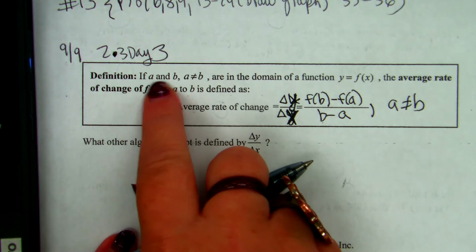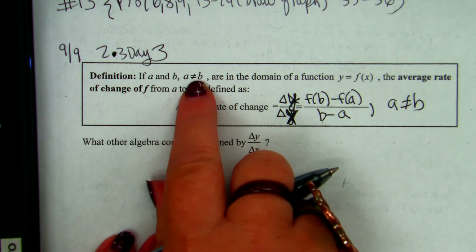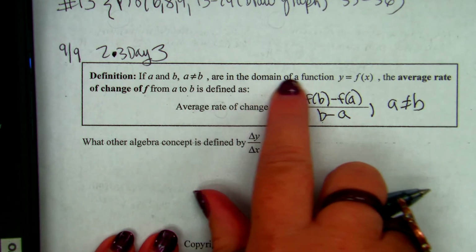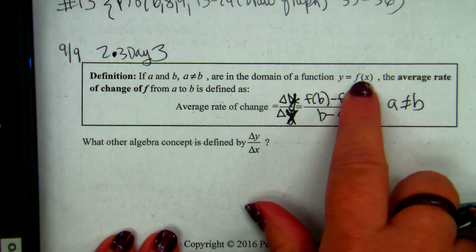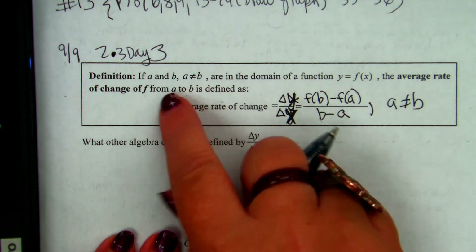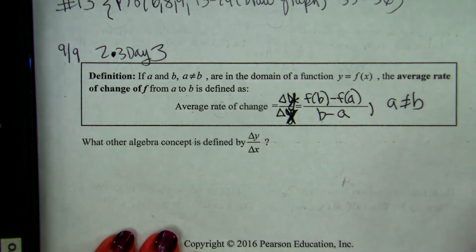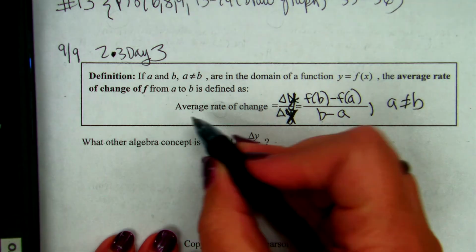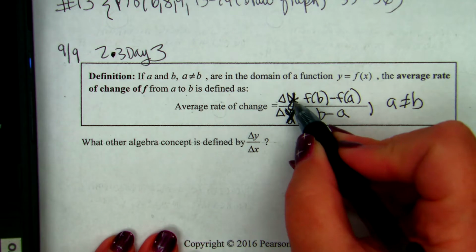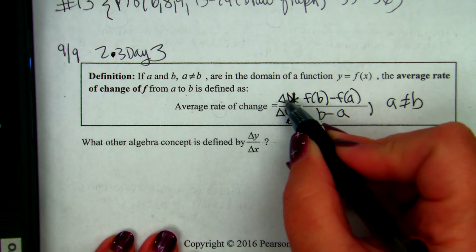Definition: if a and b, and a is not equal to b, are in the domain of the function y equals f of x, the average rate of change from a to b is defined as change in y over change in x, where the triangle means change in, or delta.